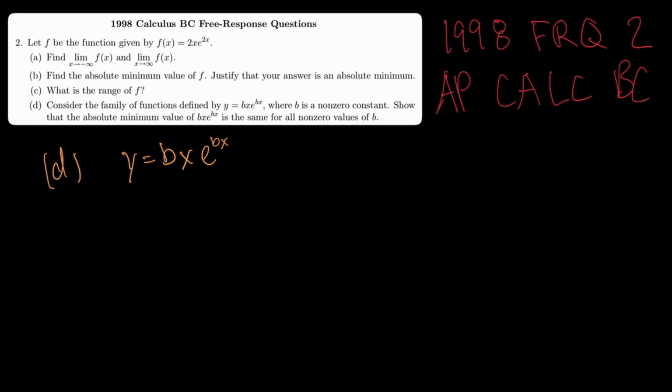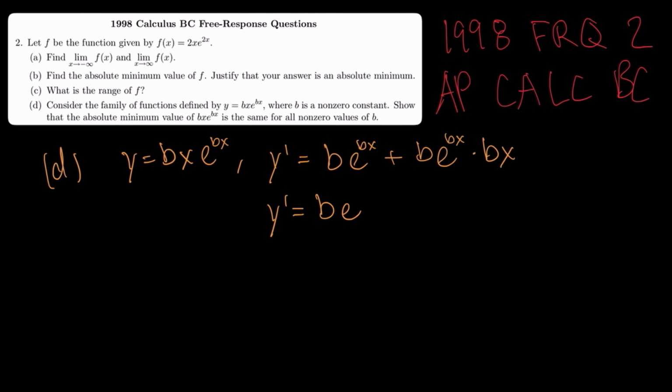So first, let's just find y prime: b e to the bx plus b e to the bx times bx. And then once again, factoring out b e to the bx, we get 1 plus bx equals 0. Solving for x, since we can ignore this once again, we will get negative 1 over b equals x.